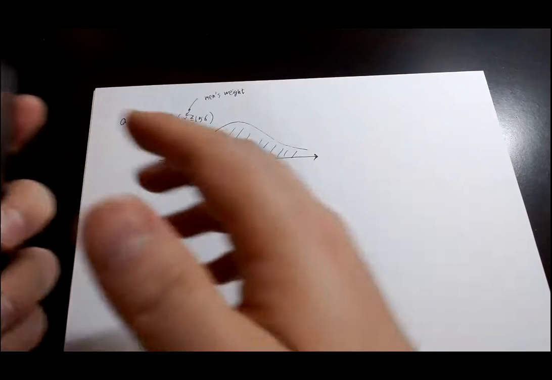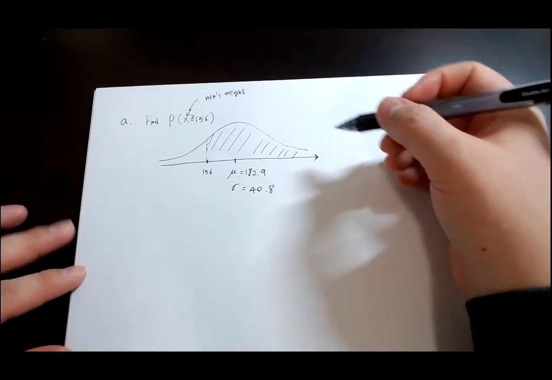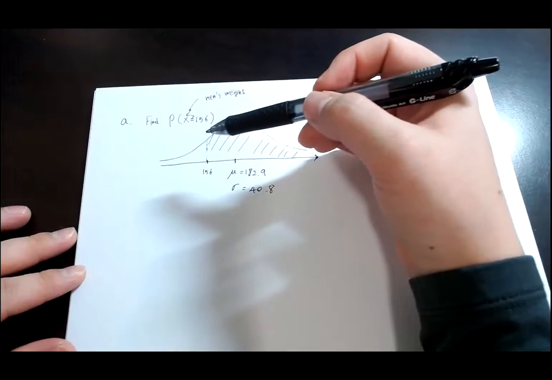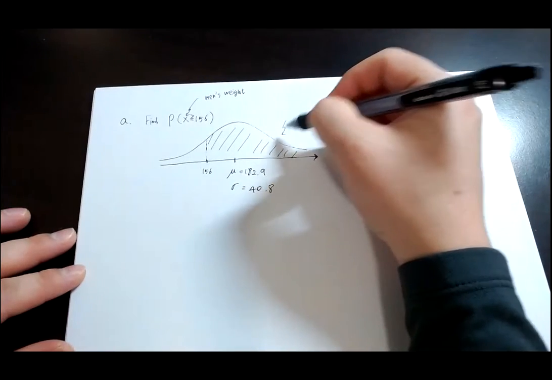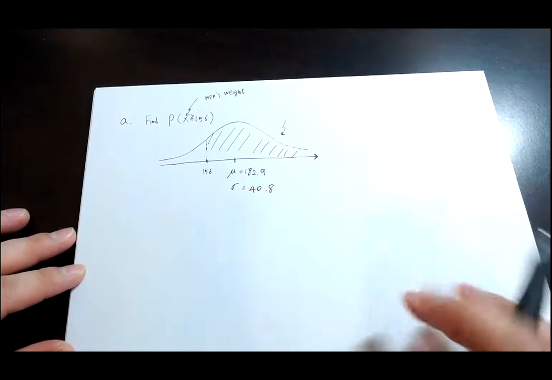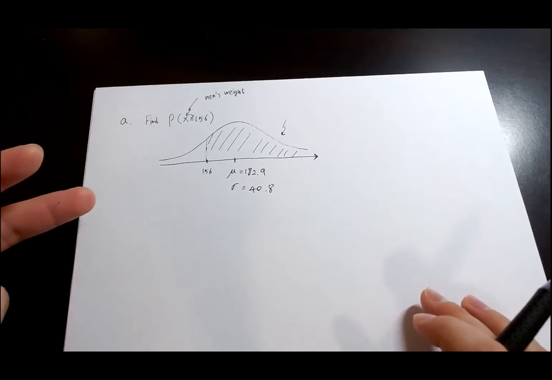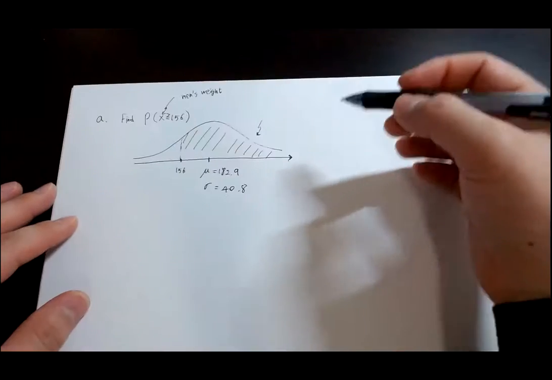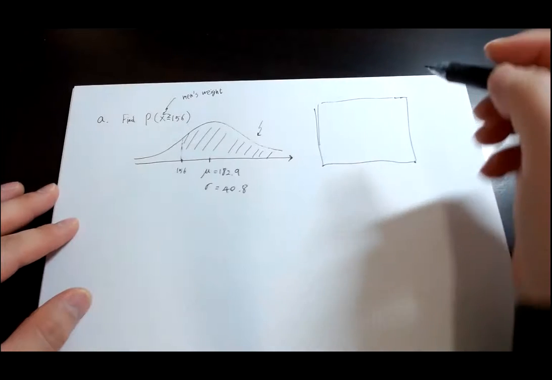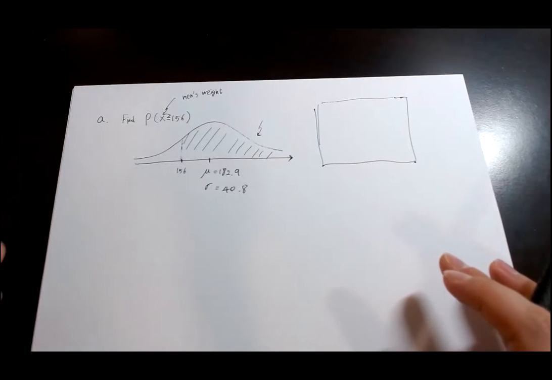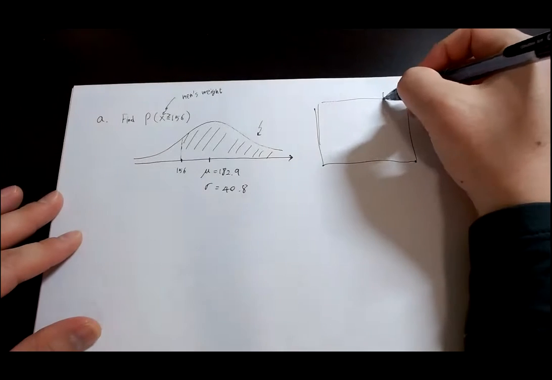By the way, if you still don't understand what this graph means, this is the probability distribution of the man's weight in this example. Let's say in the US we could collect all the men's weights, the population.